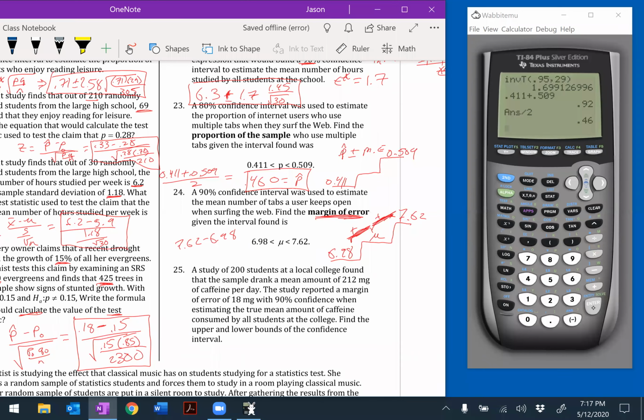So 7.62 minus 6.98. Make sure that you do the subtraction first. Divide that by 2, and I get 0.32. So the margin of error here is 0.32.